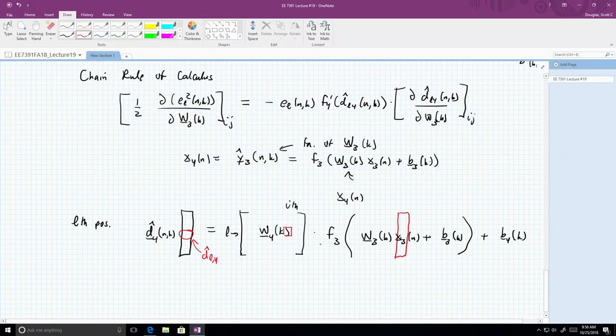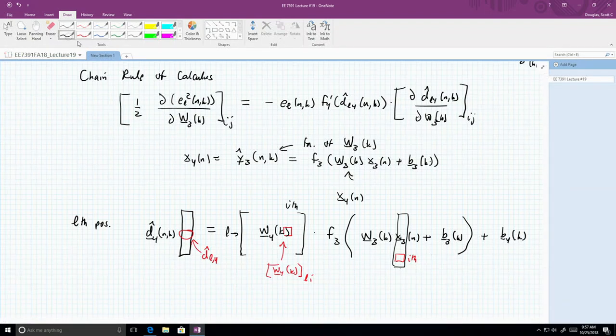So this is telling me my dependence. It's going to depend on this guy, which obviously is W4K, but it's the L-ith position there. And then it depends on the ith position of this whole vector here. That's the dependence I get.